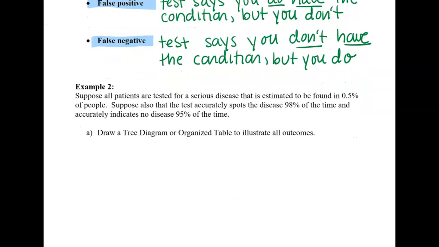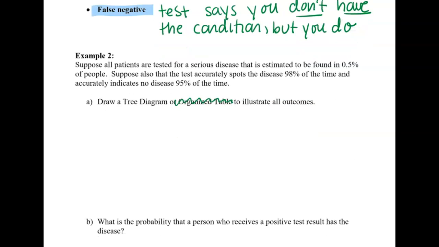So suppose all patients are tested for a serious disease that's estimated to be found in 0.5% of people. It accurately spots the disease 98% of the time and accurately indicates no disease 95% of the time. We're just doing tree diagrams. Okay. So here on the other page we had strep and no strep.